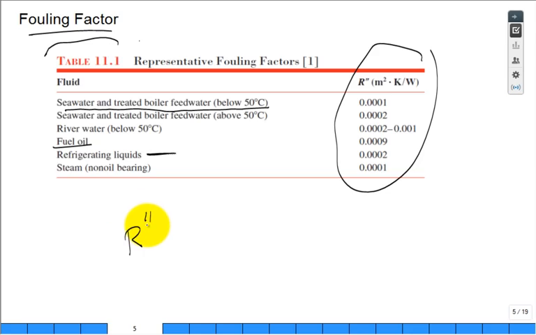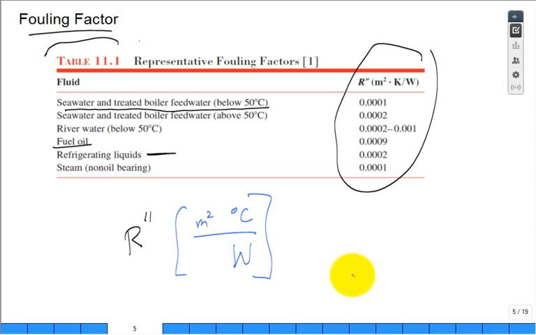R double prime. I prefer not to do that because what are the units on this? I would expect something like that to have units per meter squared. But because of the double prime, that's the consistent notation. In this textbook it's degrees C or Kelvin per watt, but instead of being per meter squared, it's meter squared times that.